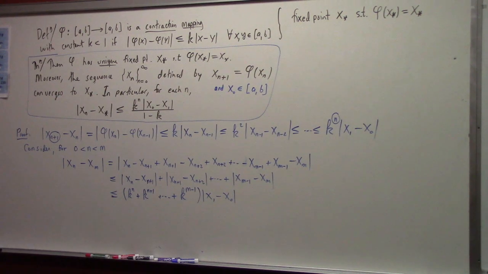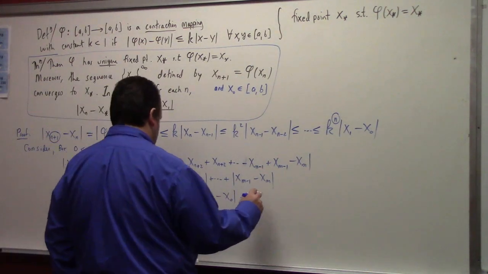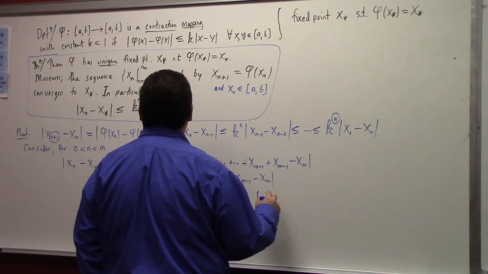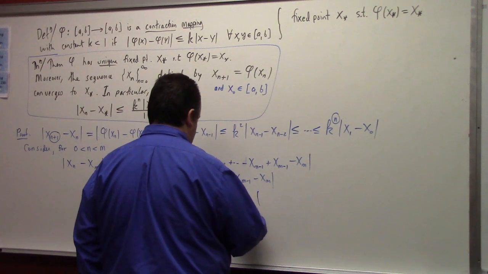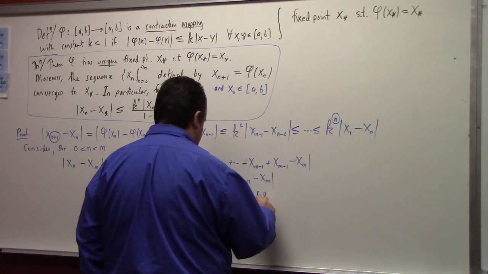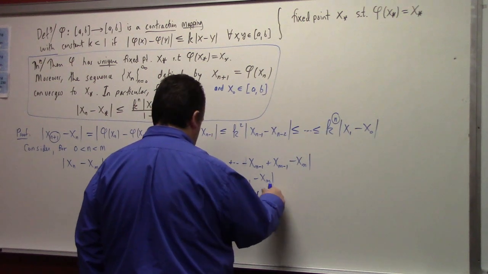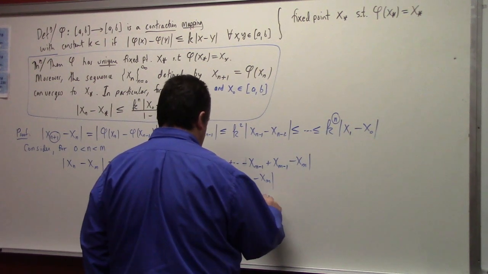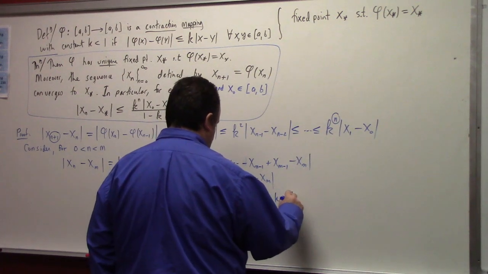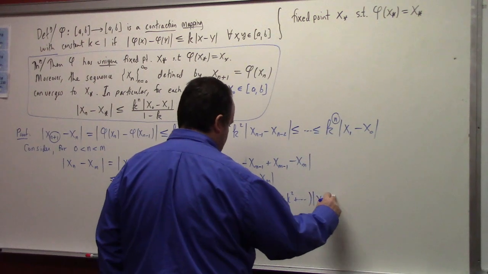So then what can you do? How about just keep going? This is going to be less than or equal to, because k could be 0, fair enough. But we could replace that with 1 plus k plus k squared plus dot dot dot, times x1 minus x0.